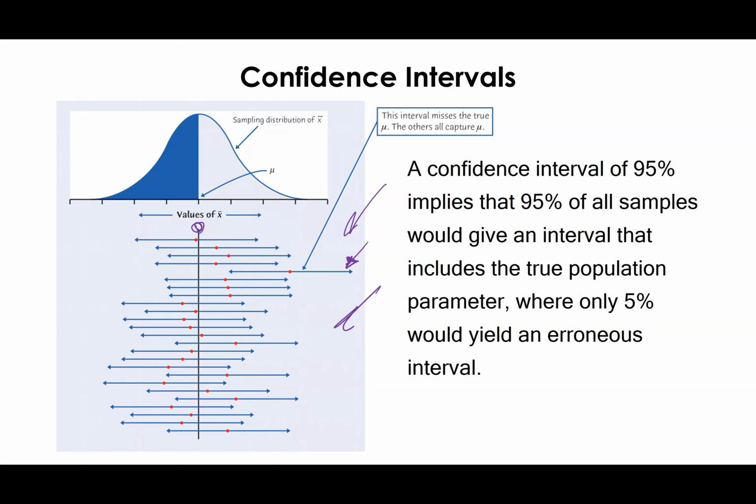So the idea is if I'm looking at the zinc concentration example, if I were to take 100 samples of 36, so random samples, and that's important, out of those, I would expect roughly, not exactly, not always, but about 95 of those samples, if I calculated the mean and went ahead and calculated a confidence interval, 95 of those confidence intervals, roughly, would have whatever that true mean zinc concentration of that river located in it.